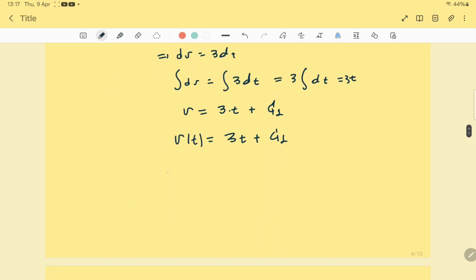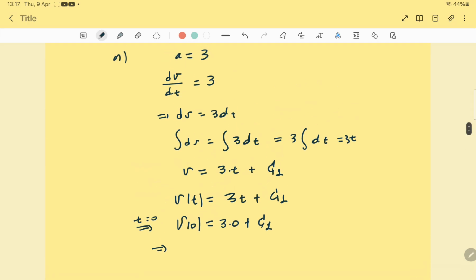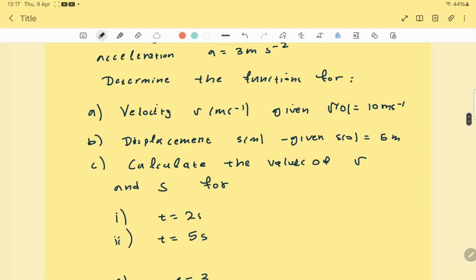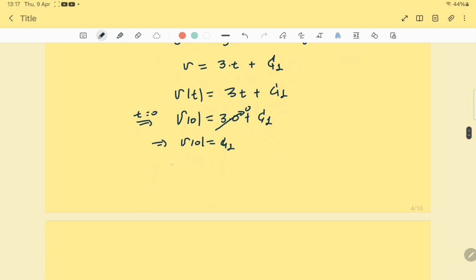We plug in t equals 0, and we have v0 equals 3 times 0 plus c1. Of course, 3 times 0 is 0, so v0 equals c1. But v0 is equal to 10, so from here we have that c1 equals 10.